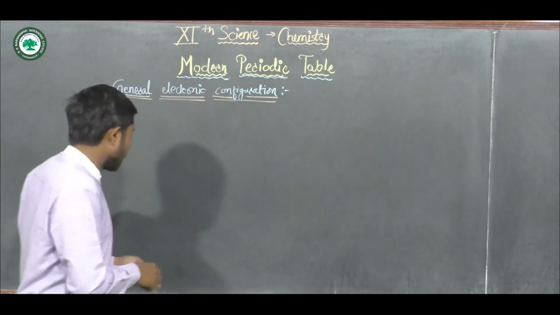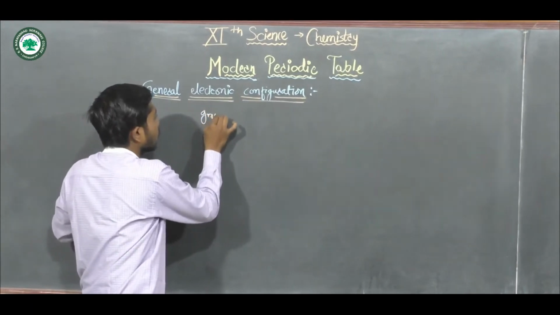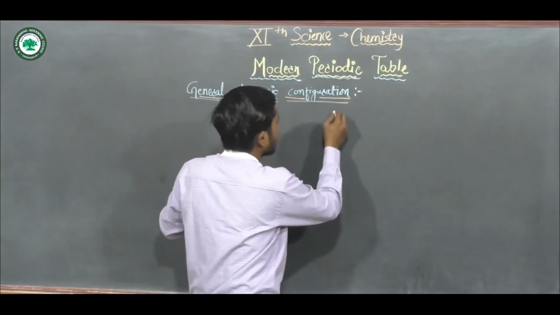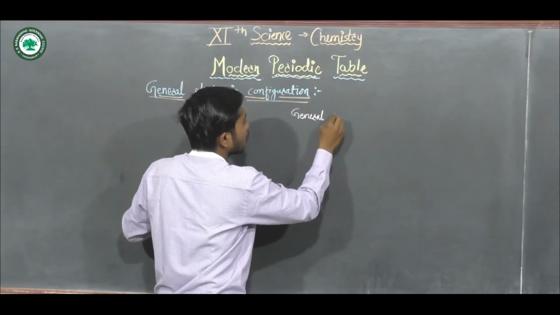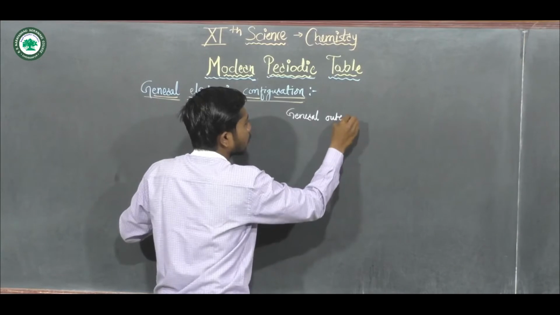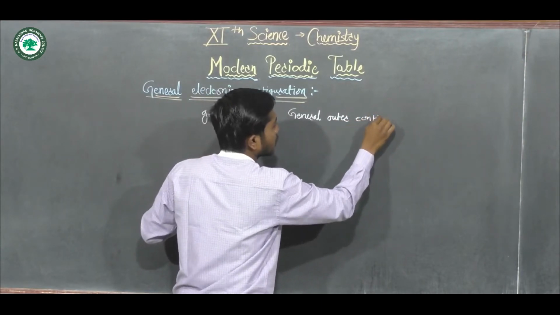Now let's see the general electronic configuration; here we will write the group and their general outer configuration.